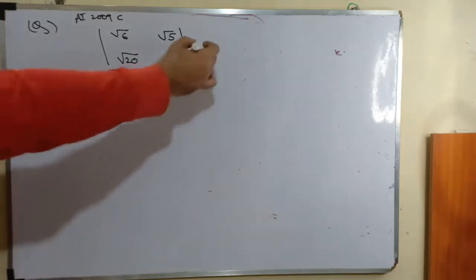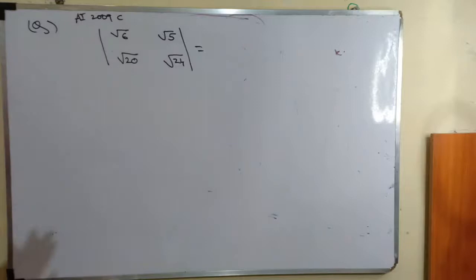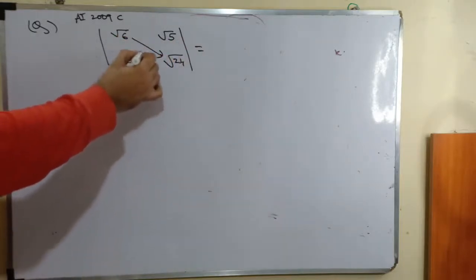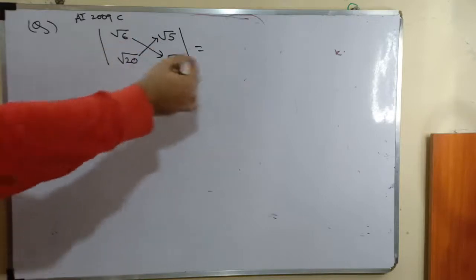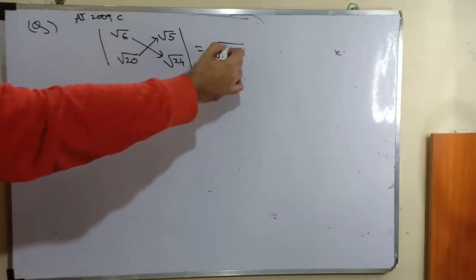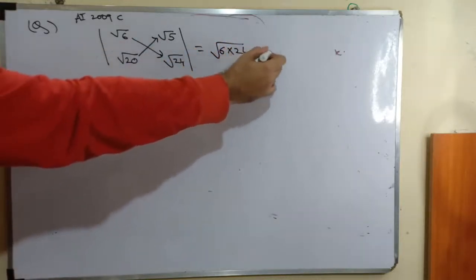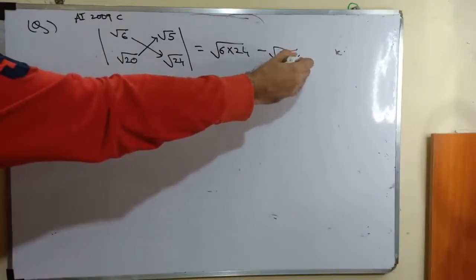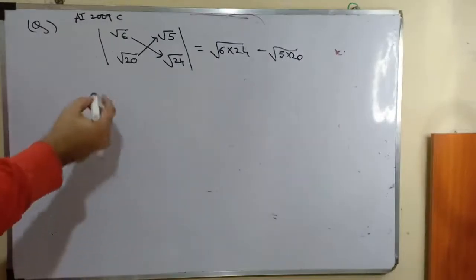Now we can do it straight also, √6 into √24, minus √5 into √20. So square root of 6 times 24 is what we have, minus square root of 5 times 20. This is what we have.